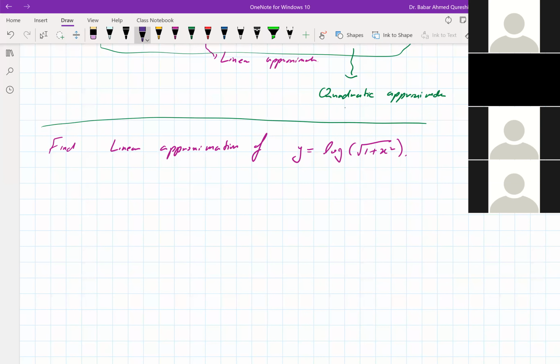So all I need is the first derivative. One plus x squared, then by chain rule, x squared, then 2 times x. That's the derivative. Linear approximation near x is equal to 0.